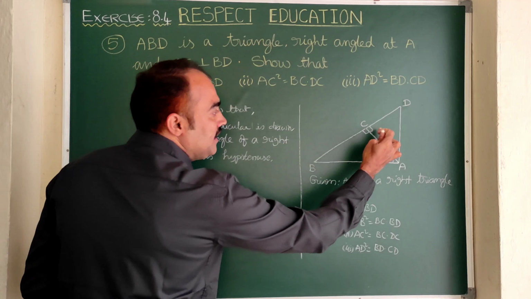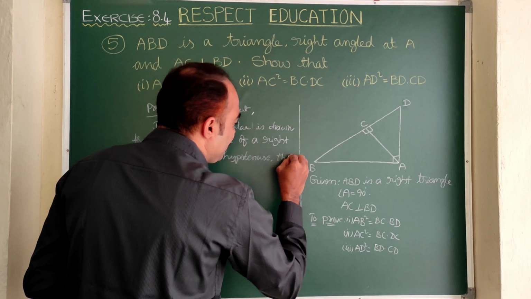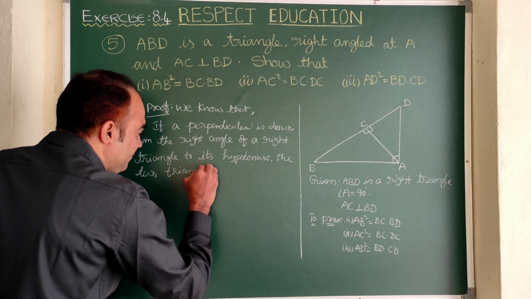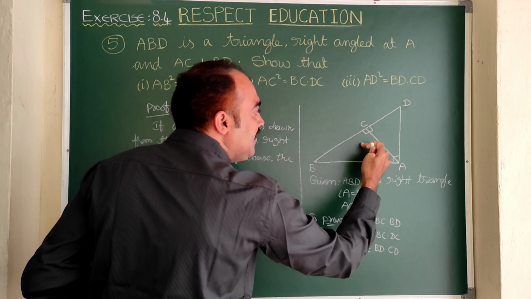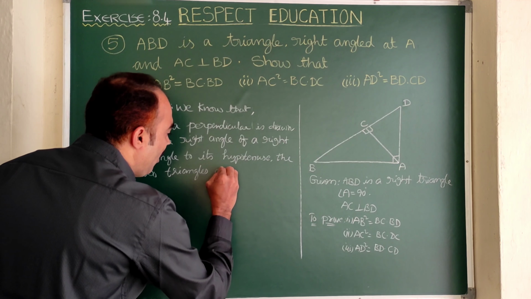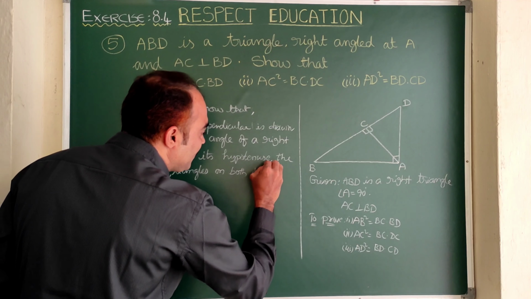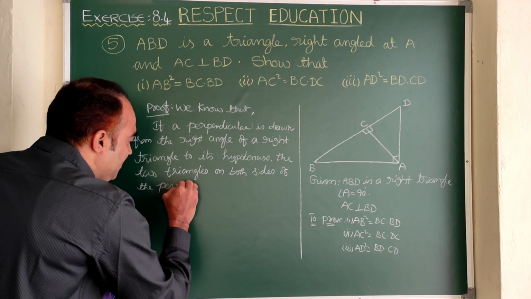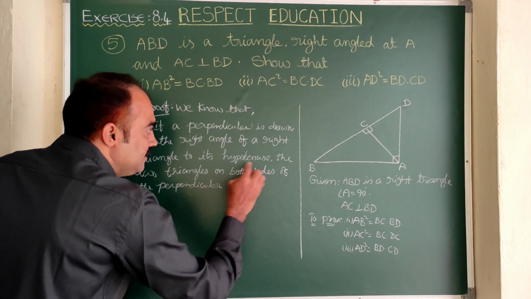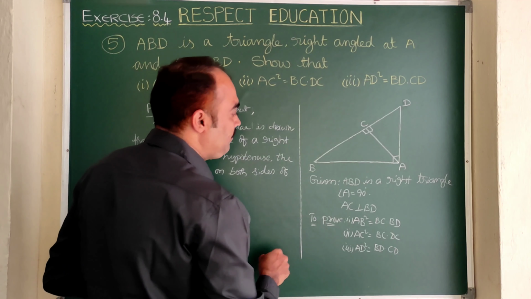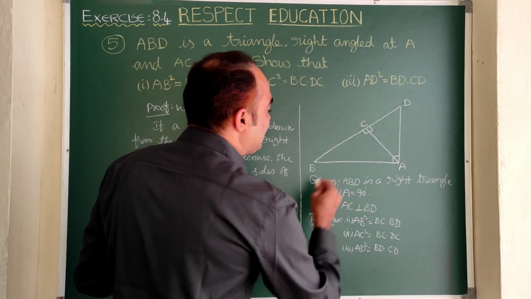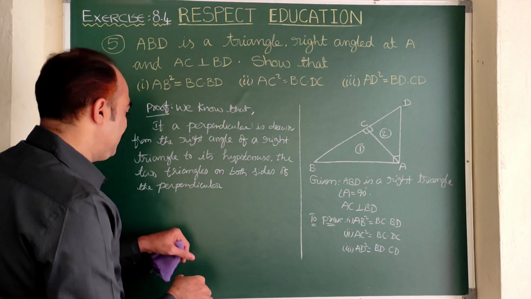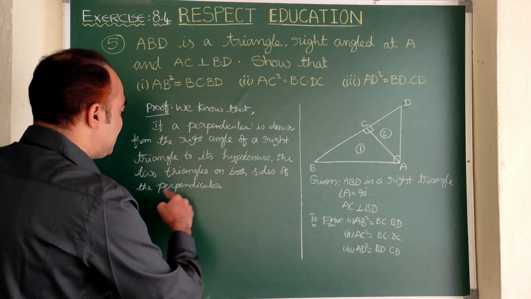Then what happens? The two triangles on both the sides of the perpendicular, here I am giving the labeling, as here I am taking this as 1 and this as 2. These two triangles are the triangles on both sides of the perpendicular.